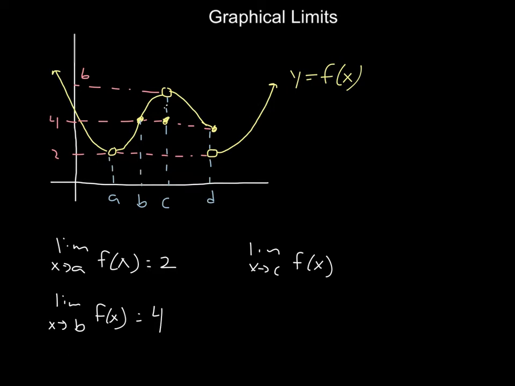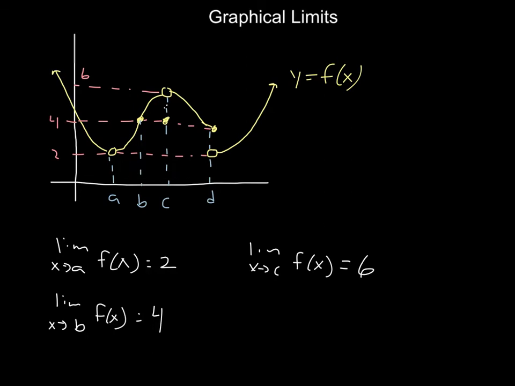We approach from the left and from the right. When I come from the left, taking values closer and closer to c but not equal to it, our function values keep getting closer and closer to the value of 6. When I come from the right, I'm moving along here, and again, I'm getting closer and closer to 6. So in this situation, that limit is equal to 6.